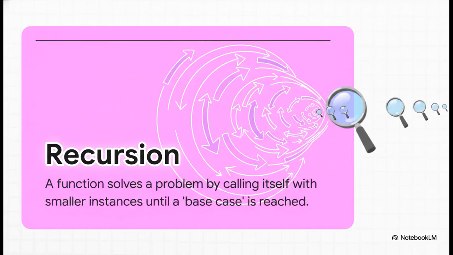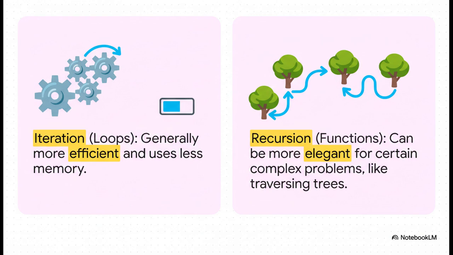And then there's this other kind of mind-bendingly elegant approach called recursion. So instead of a loop telling the computer what to do, recursion is when a function calls itself over and over again, breaking a big problem down into smaller and smaller identical pieces until it's finally solved. So you might be asking, okay, which one is better? And the answer is, well, it depends on the job.